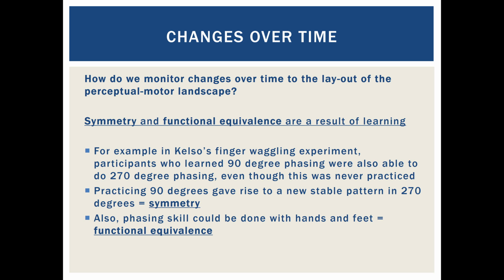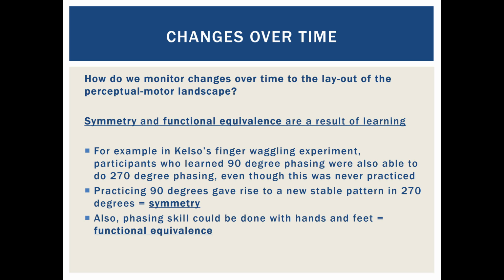We would all agree that an important attractor state there would be to be able to juggle a ball with one foot, right? But as someone practices with one foot, all of a sudden an attractor state emerges for juggling with the left foot as well. They've never practiced it, but all of a sudden it emerges. The perceptual motor landscape changes, not just the attractor state. And so that shows symmetry.